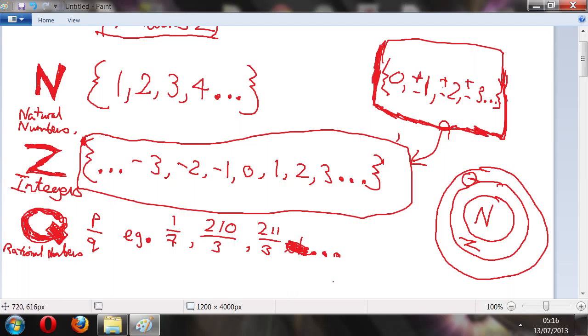So all of N is in Q, all of Z is in Q, all of N is in Z.